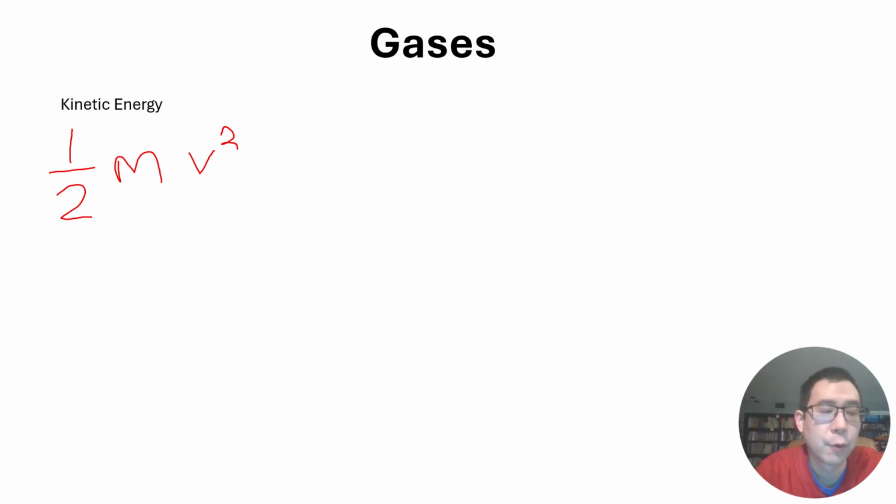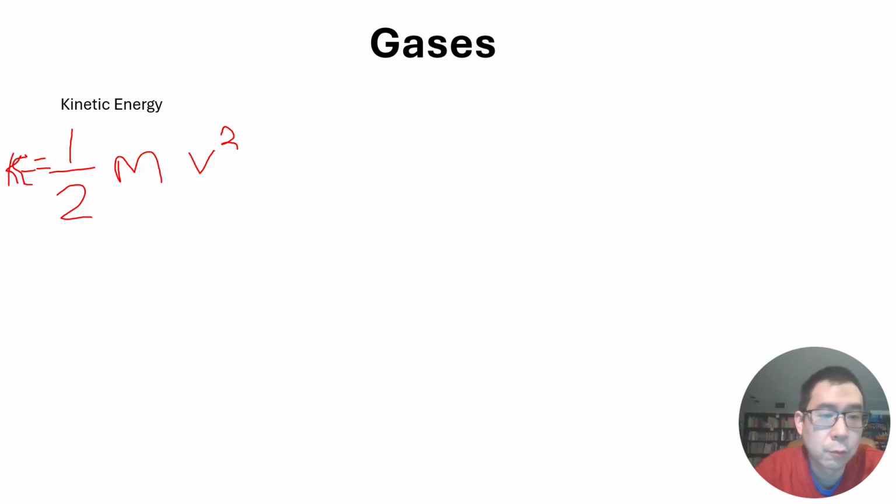And so if you're throwing a ball, throwing a rock, or dropping something off the roof, these are the kind of problems you see if you take Physics 1: kinetic energy equals 1/2 mv squared. So we say KE equals 1/2 mv squared.